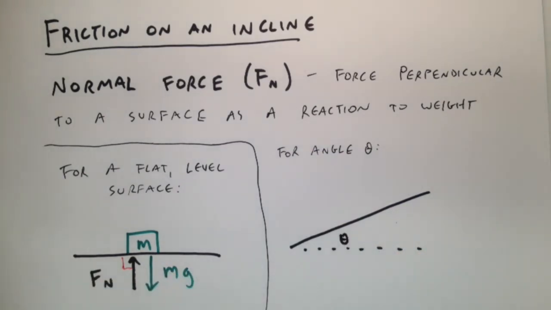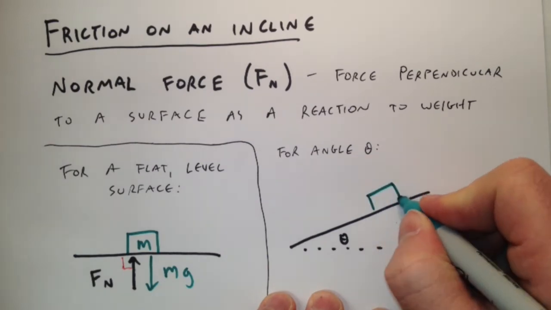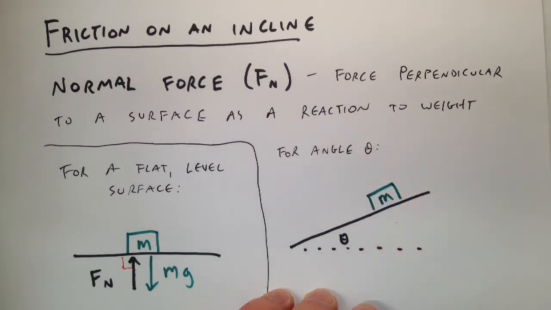And there's the angle theta. Let's put our box on the slope again. Just because it's on an incline doesn't mean that gravity decided to change directions. Gravity is still down.